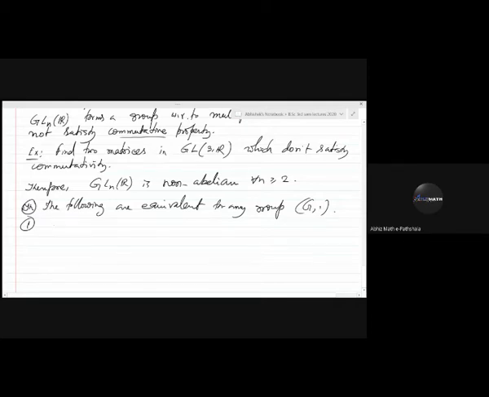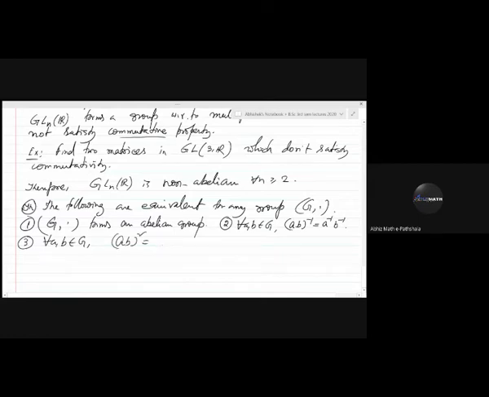The first statement is that (G, dot) forms an abelian group. The second statement is that for all a, b belonging to G, (ab) inverse is equal to a inverse b inverse. And the third statement is that for all a, b belonging to G, (ab) squared is equal to a squared b squared. Okay.